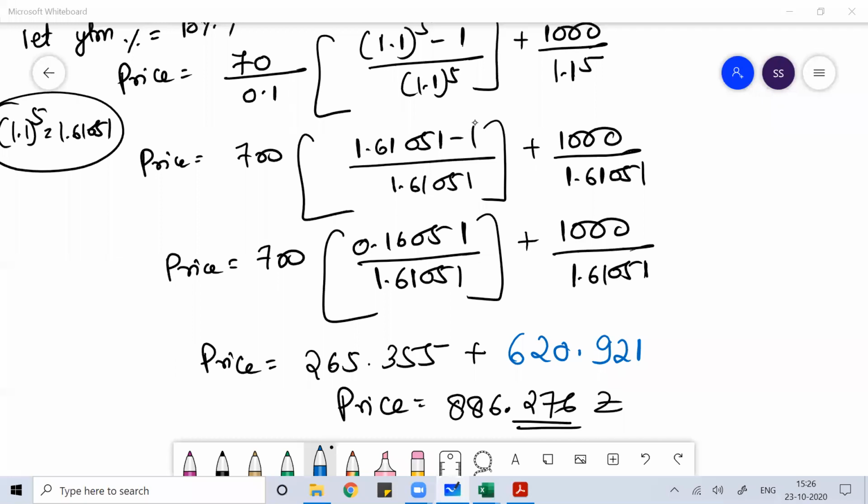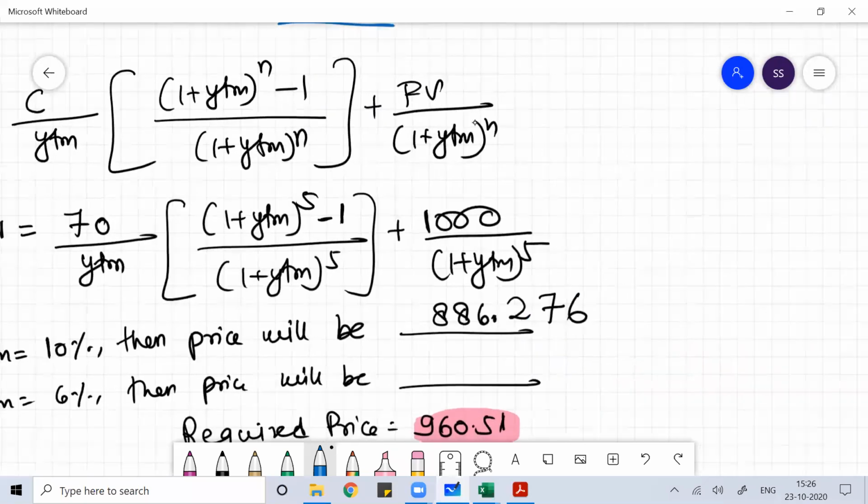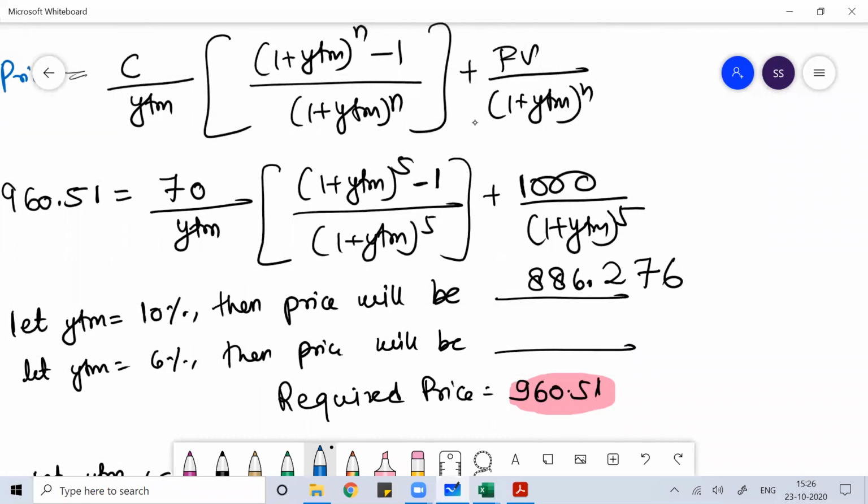So if I take 10%, I'm getting 886.276, which is lesser than I want. I want bigger values, so I have to reduce the interest rate.